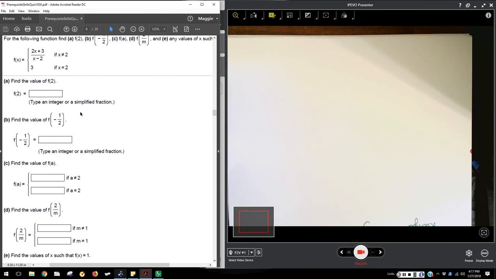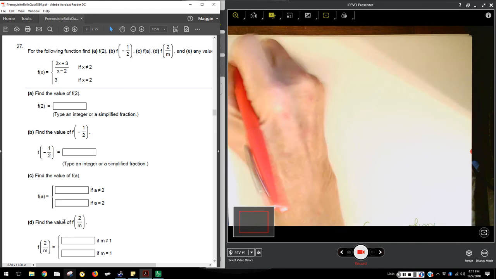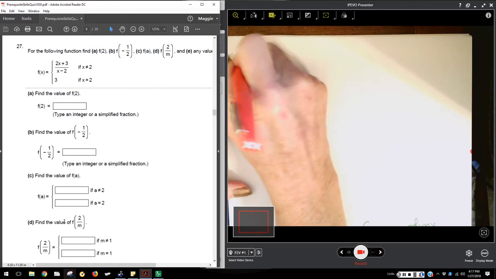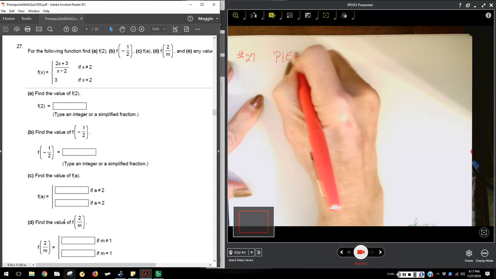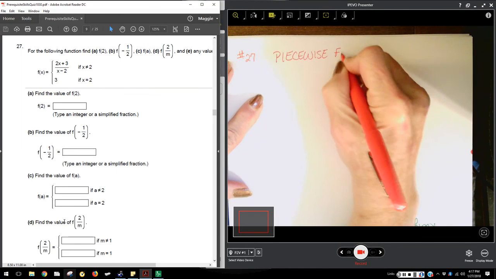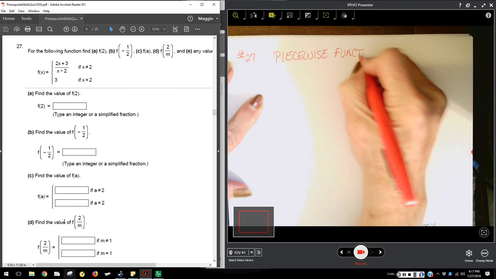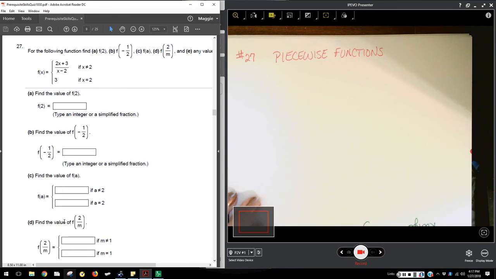Now we're going to talk about piecewise functions. Number 27 is a piecewise function. Piecewise functions have different rules for different parts of their domains.